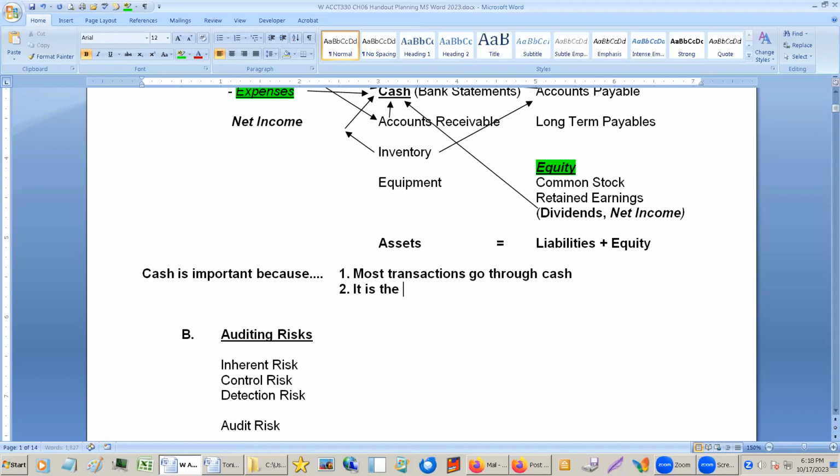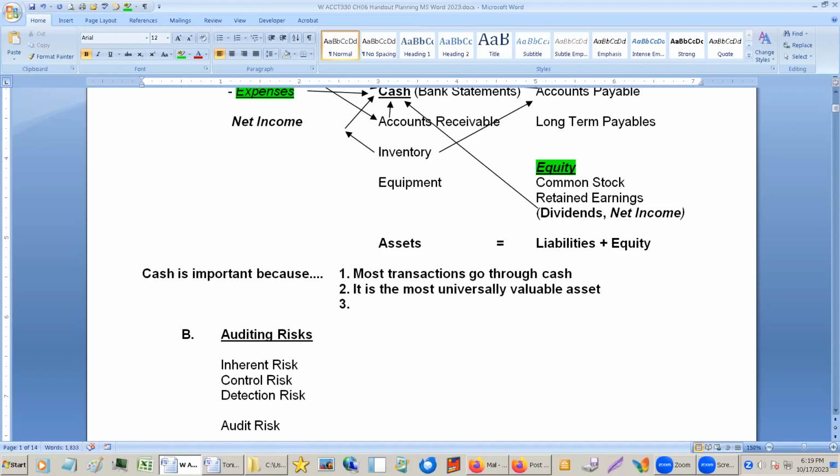It is the most universally valuable asset. You know, it's already converted in fraud language. It's already converted into cash.